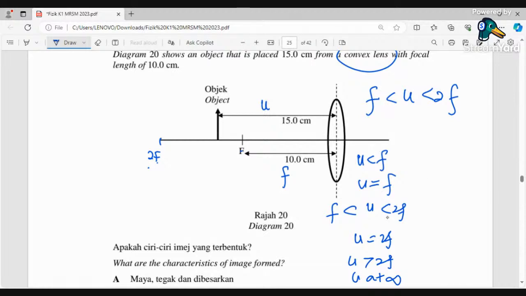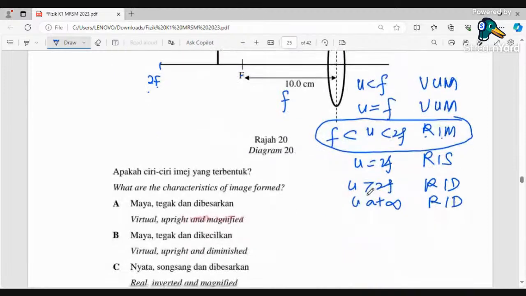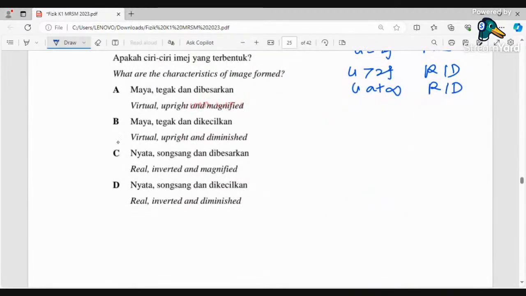Ada 6 semua. So saya just ingat boom boom, rim wrist, read read. Okay, so between F and 2F ialah rim, so real, inverted, magnified. Jawapan C.